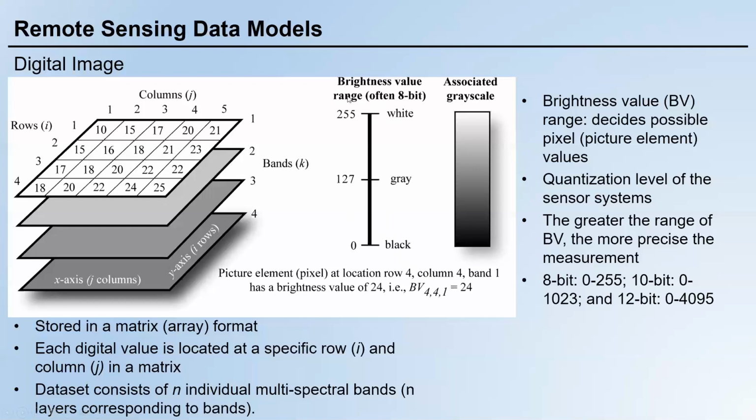So for example, the brightness value range is often 8 bits, which means that we can use 2 to the power of 8 values to address any tone from black to white. 2 to the power of 8 is 256, right?